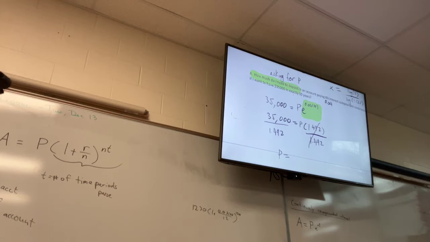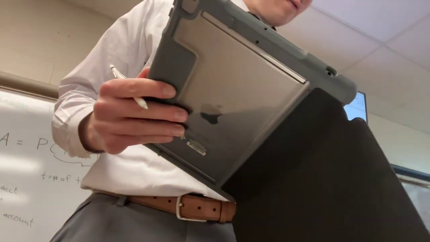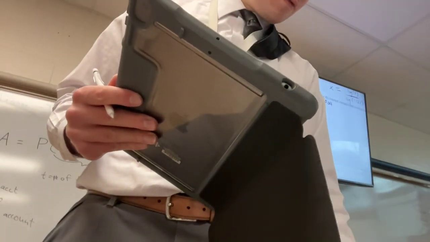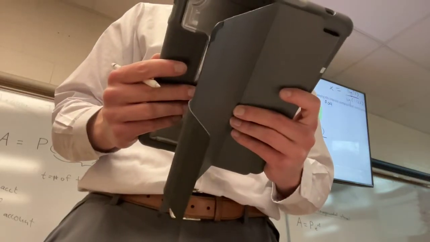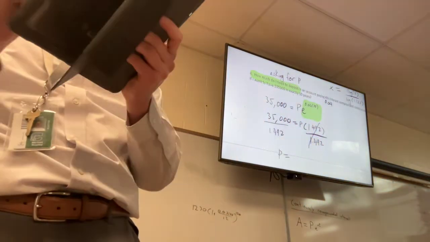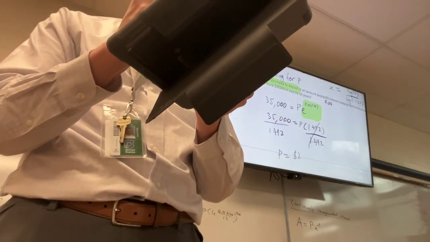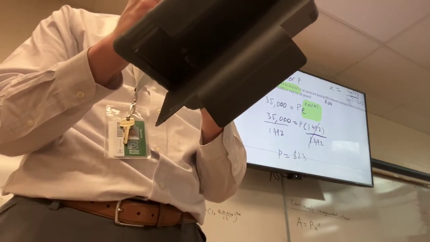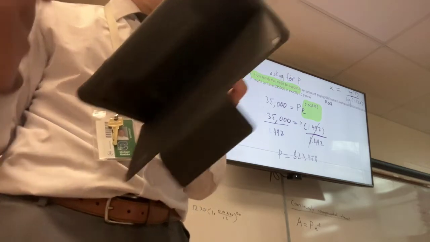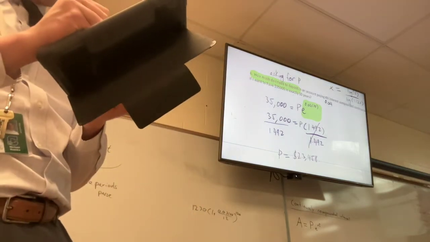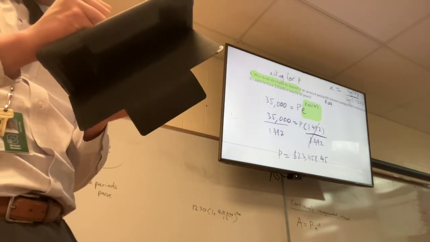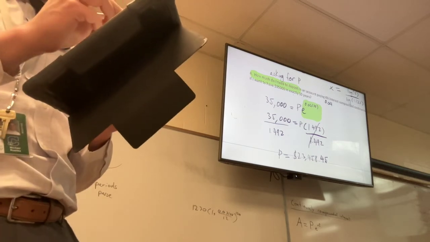P equals 35,000 divided by 1.492, which is 23,458 dollars. How many cents? 45 cents. Okay, all right, so there you go.